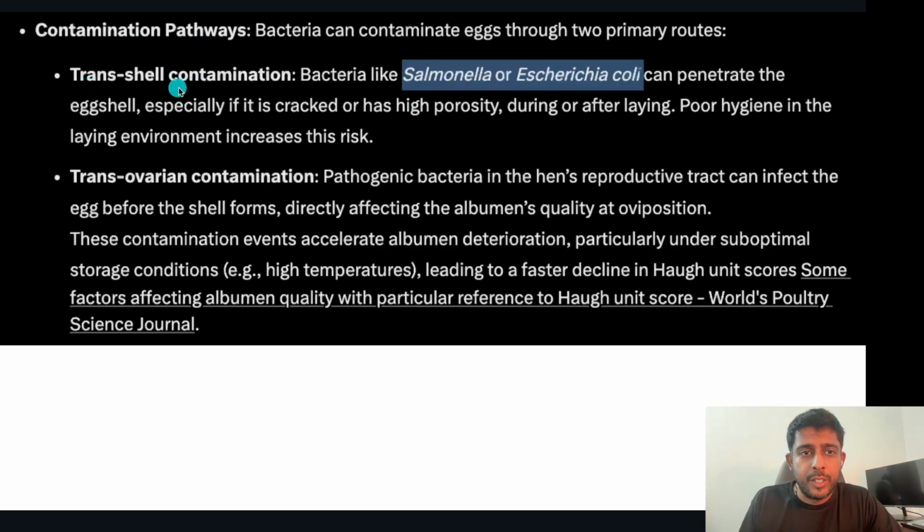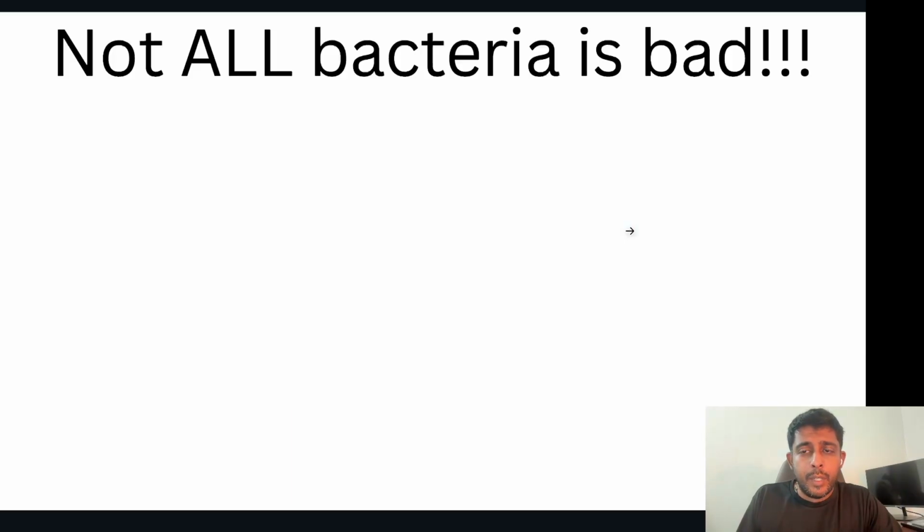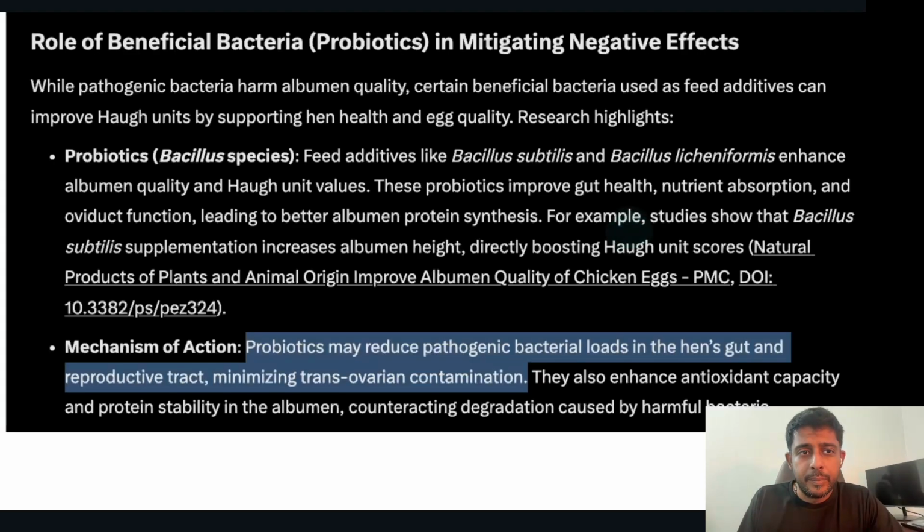One is trans-shell contamination, and bacteria like Salmonella, which was negative in our test, and E. coli, which is also negative with a low APC count, is one way that the Haugh unit can be reduced through trans-shell contamination. But not all bacteria is bad. This is going back to the probiotics.